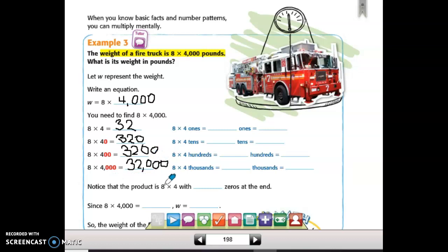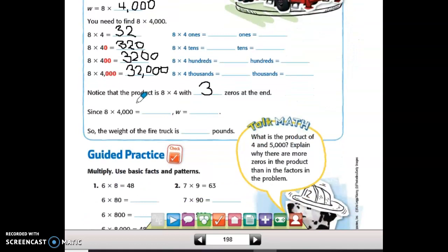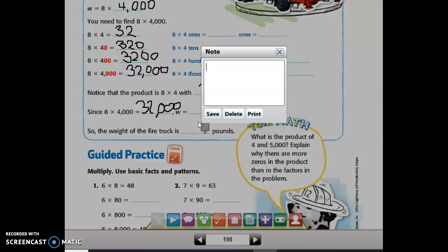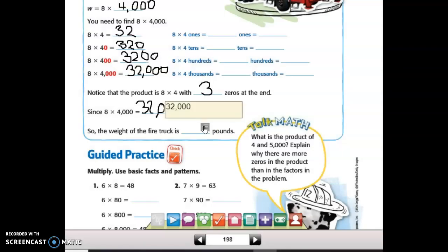Notice that the product is 8 times 4 with 3 zeros at the end. Since 8 times 4,000 is 32,000, that means W equals 32,000. So the weight of the fire truck is 32,000 pounds.